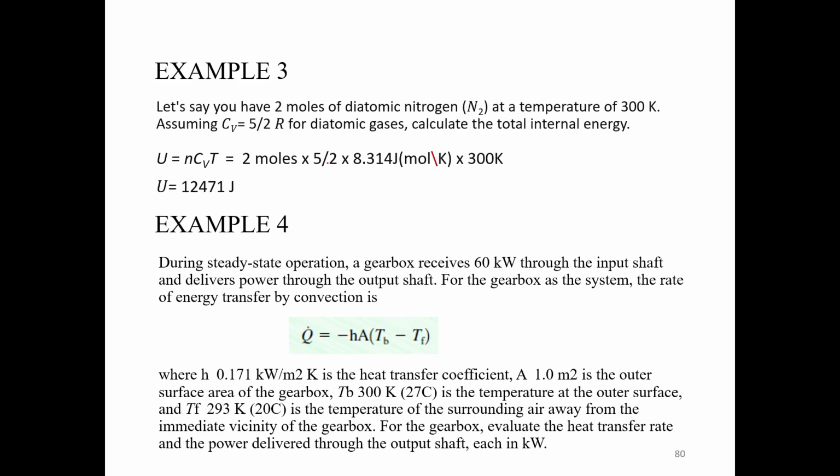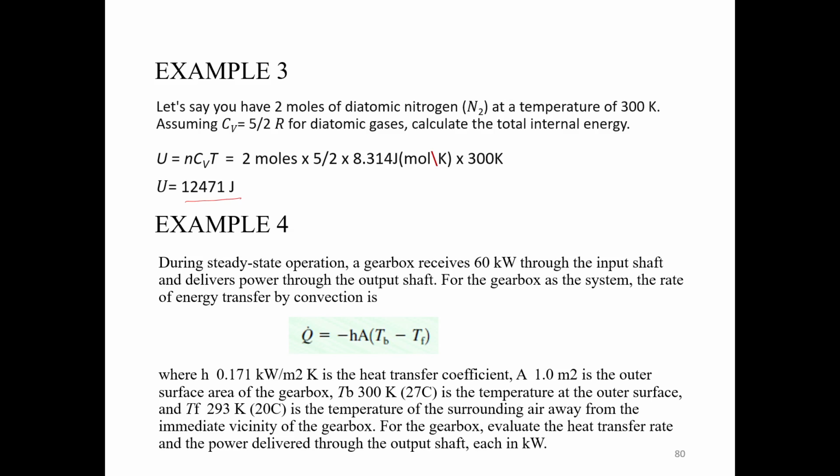It's a simple substitution. n is 2, because we have 2 moles, Cv is 5/2 multiplied by 8.314, the gas constant, and T is 300 Kelvin. So it becomes 12,471 joules, the internal energy U measured in joules.